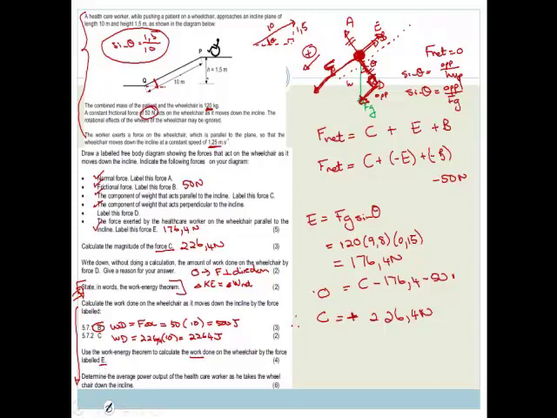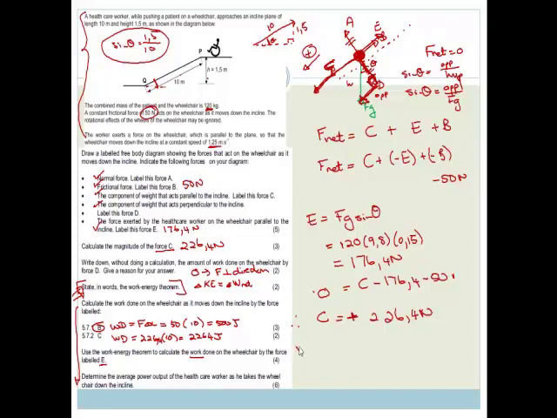Okay. Now it says use the work-energy theorem to calculate the work done on the wheelchair by the force labeled E. And E is your force of friction. Now there are two ways to do it. We can either say, okay, fine, we have the force E, we've worked it out, it's 176.4, and then we can times by 10, or we can realize that the work done by C minus the work done by B is going to give the work done by E. Because the work-energy theorem says the change in kinetic energy is equal to the net work done.